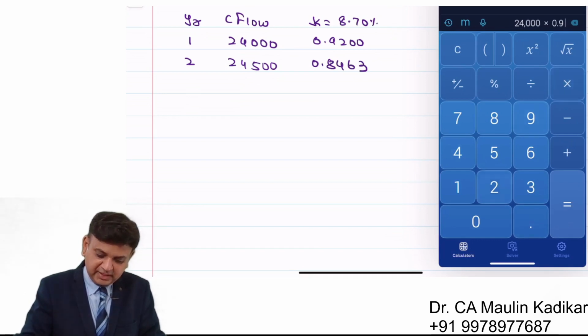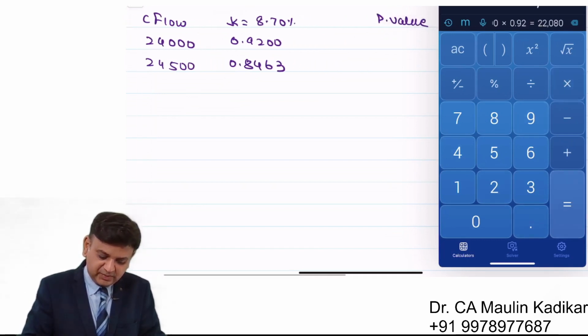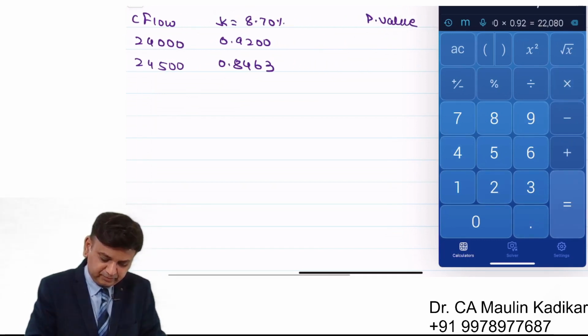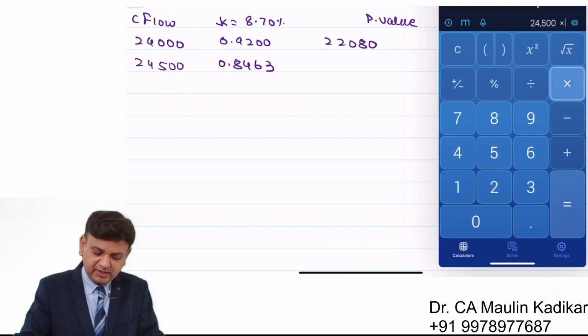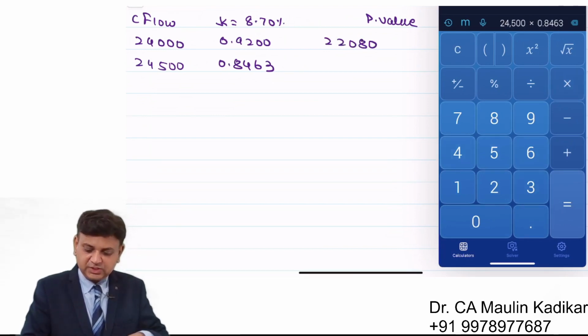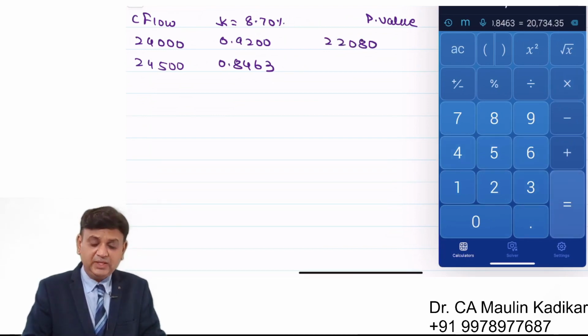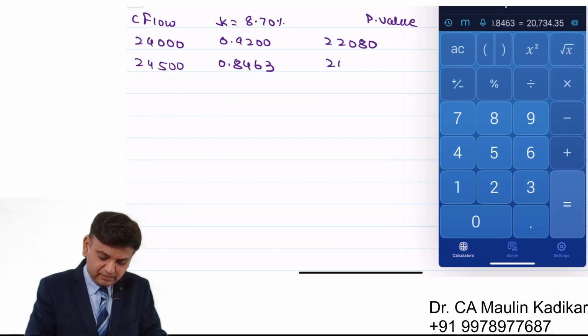24,000 into 0.92, that is 22,080. Second year 24,500 into 0.8463, that is 20,734.35.